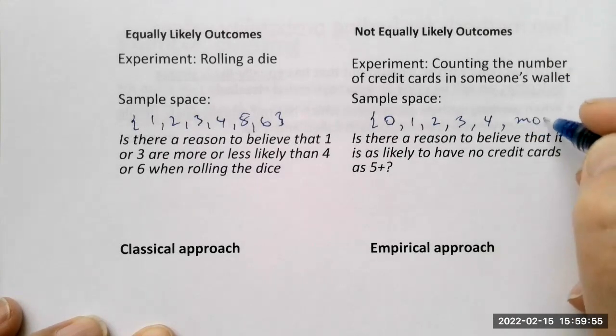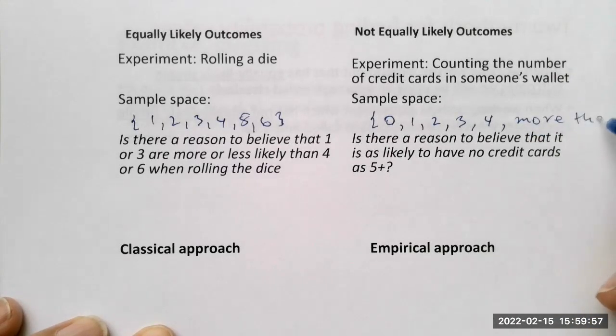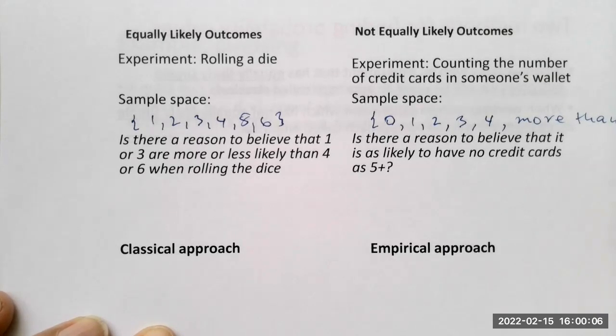So we're going to have more than 4. We should say 5 or more. Okay, and more than 4 covers that too.